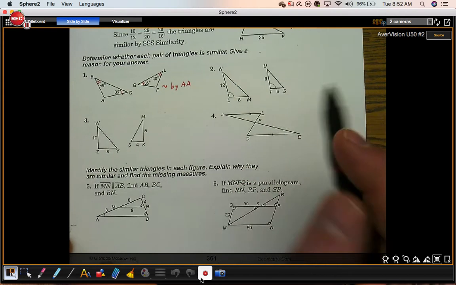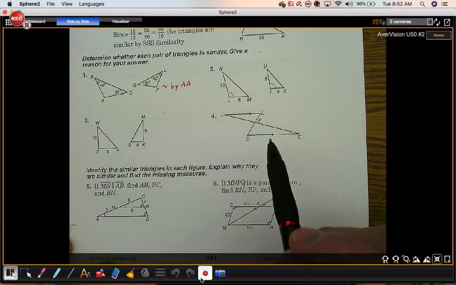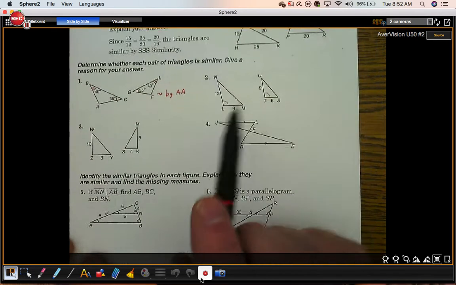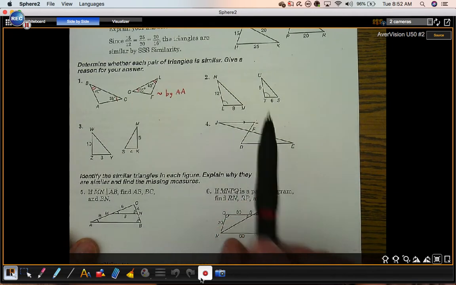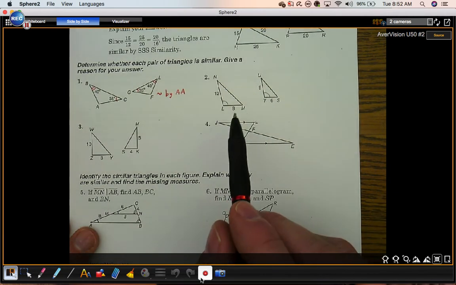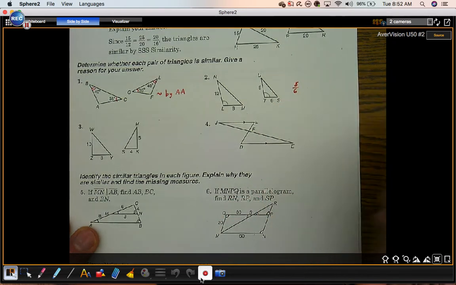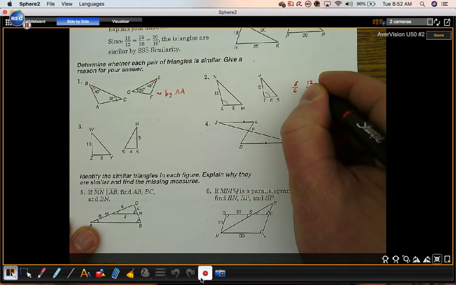Number 2, we got 2 pairs of sides and congruent angles in between. It sure looks like it's going to be side, angle, side, but it's not side, angle, side unless these pairs of sides are proportional. So I need to compare 8, which is the smaller side, with 6, which is the smaller side. Compare 12 with 9.